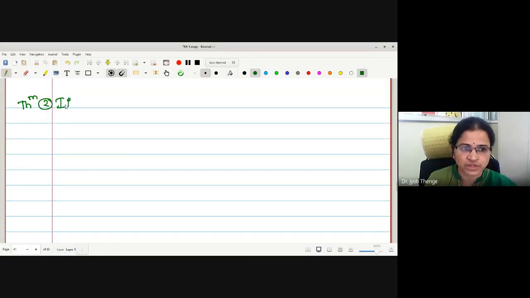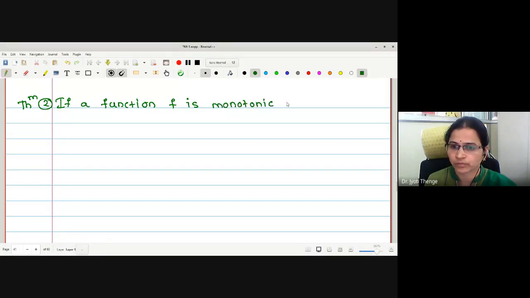The statement of the theorem is: a function f is monotonic on closed interval AB, then prove that it is integrable on closed interval AB.